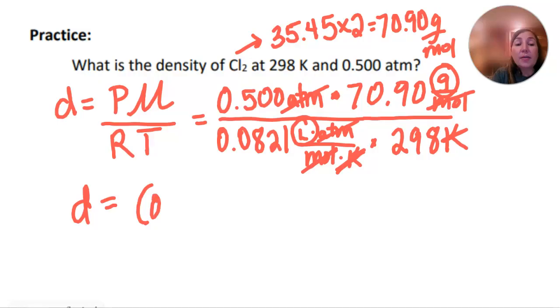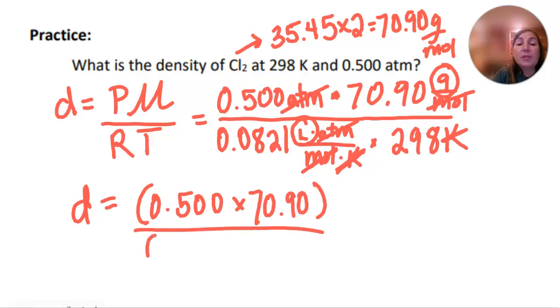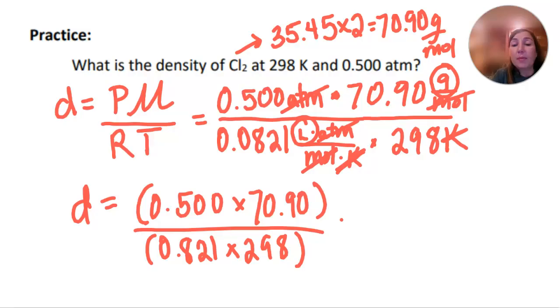Okay, in your calculator, make sure that you use parentheses. You wouldn't necessarily need them on the numerator. Some people use them just to be safe, but it's really the denominator that has to have them in a problem like this. So we've got 0.5 times 70.90 and then divided by, using parentheses in the denominator, 0.0821.